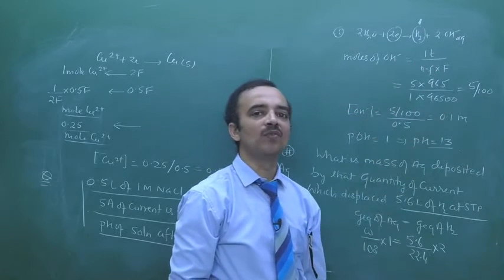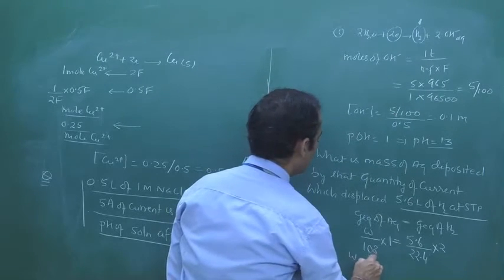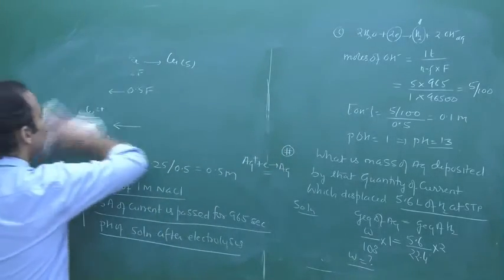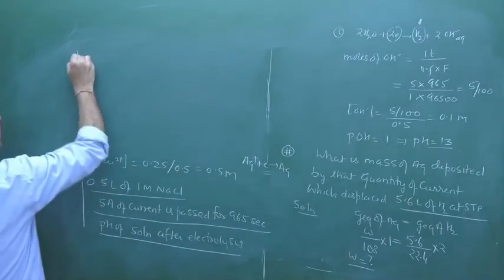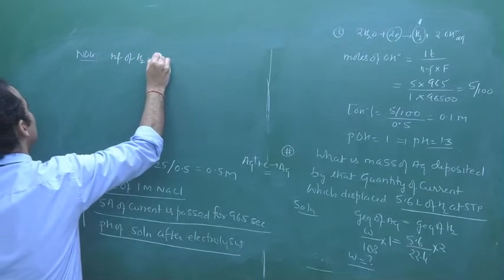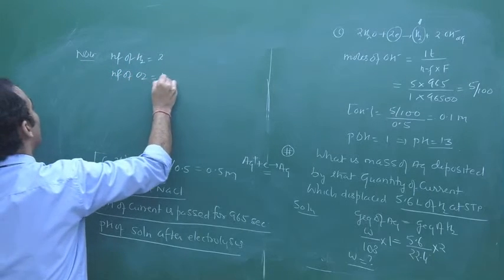That's why n factor of H2 is 2. So we can solve it to get the answer. Is it clear, beta? All of you should note one point. What is that point? Note, n factor of H2 is 2, n factor of O2 is 4.